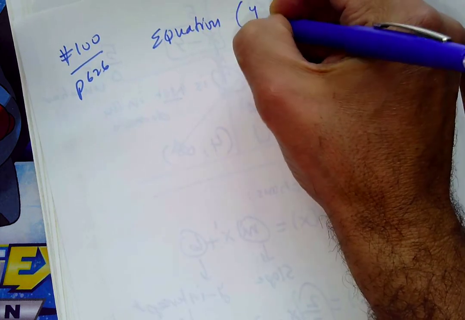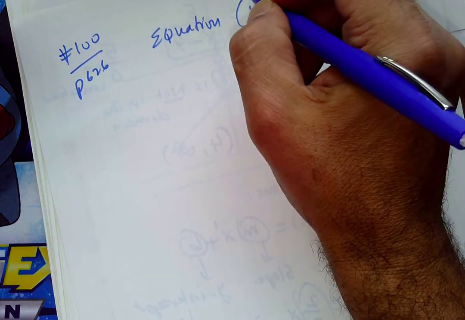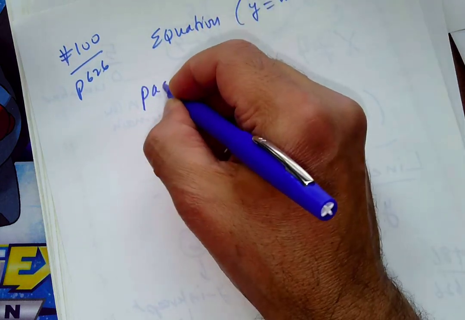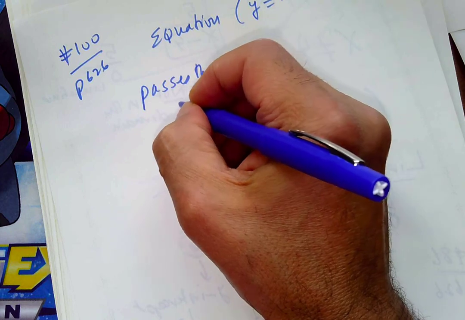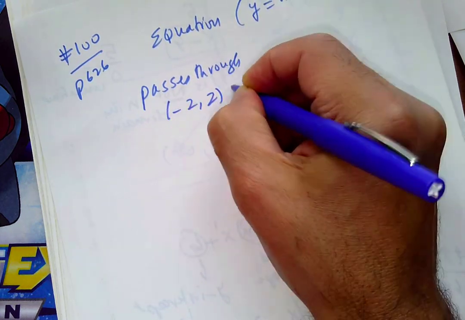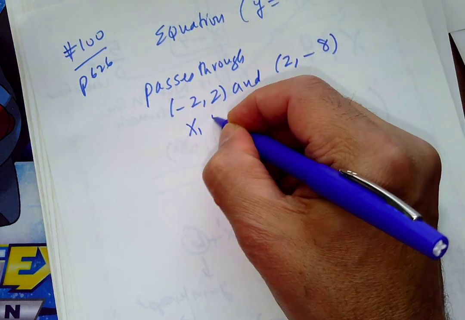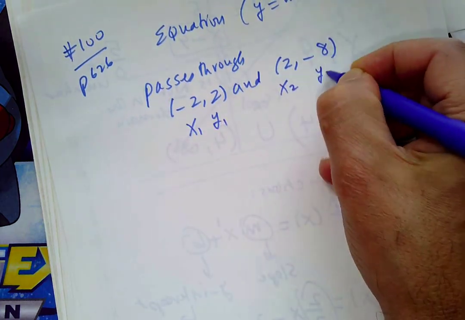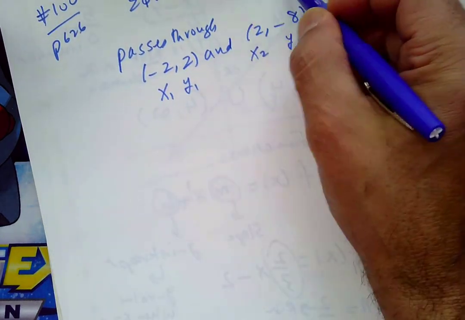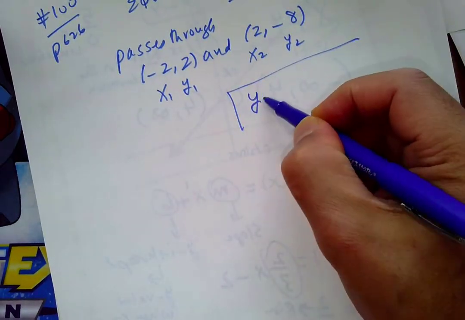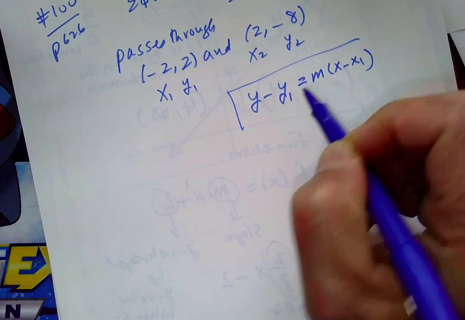So they want y equals mx plus b that passes through -2, 2, and 2, -8. These are the two given points. In beginning algebra we learned we could use this form, or we could use y minus y1 equals m times x minus x1.